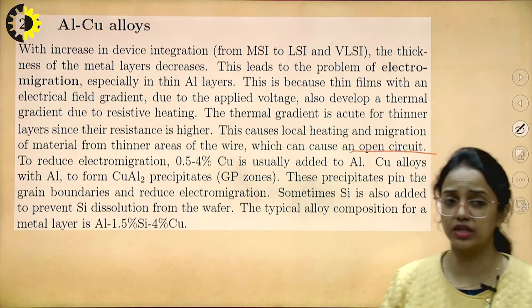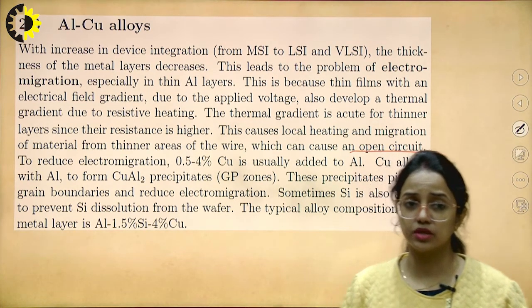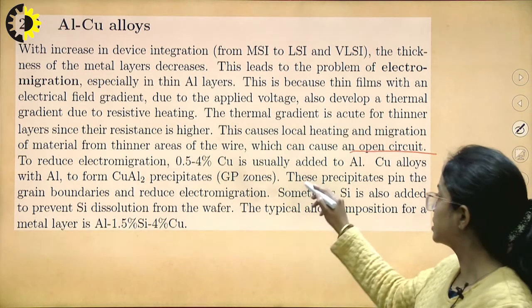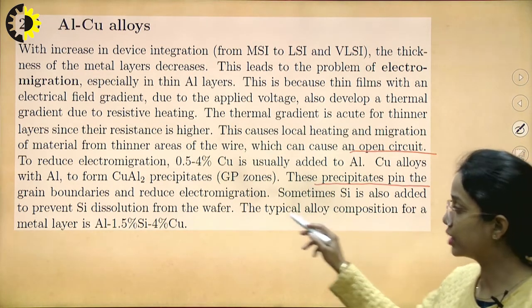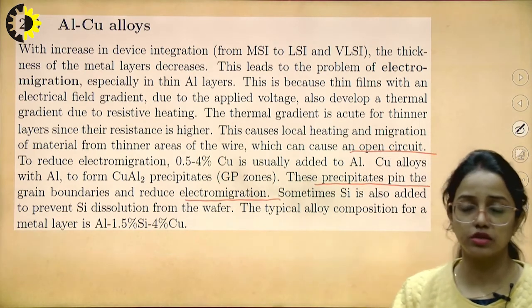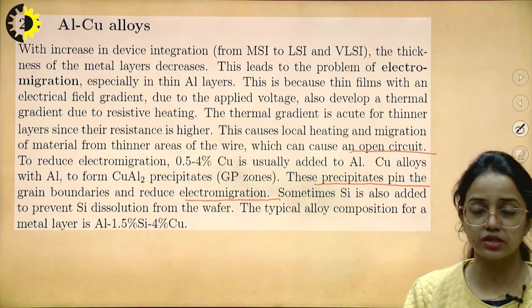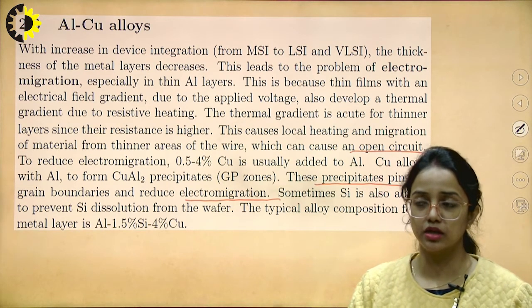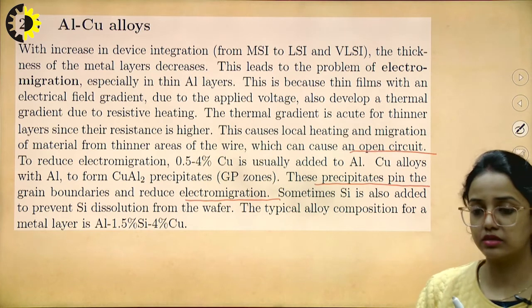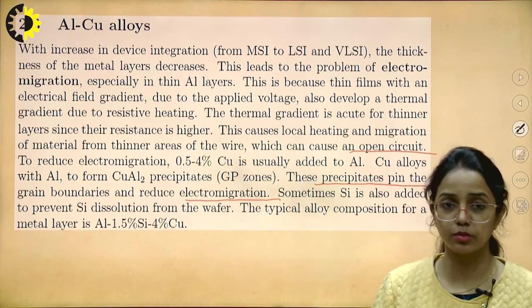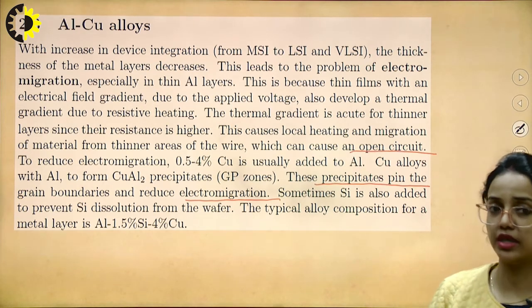Copper alloys with aluminum, forming CuAl2 precipitates, and these precipitates pin the grain boundaries and reduce electromigration. They make stop points, like stop bonds, where the boundary is created using these pins, and there is no further electromigration.